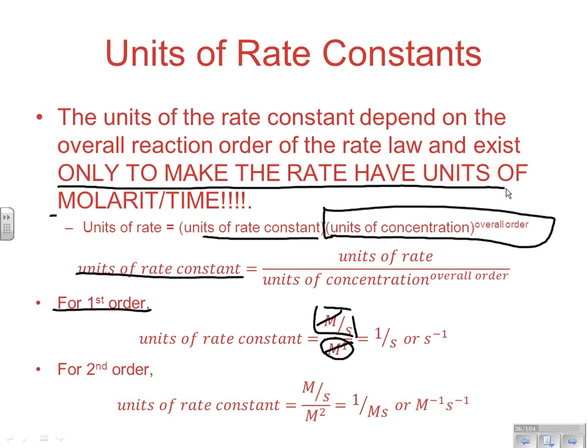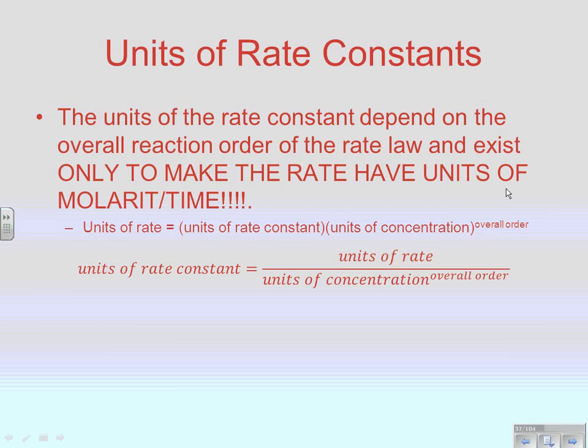Now, if it's second order, it's going to be the units of rate, which are always molarity per second, now over a concentration squared. So this M cancels one time, and you're left with inverse seconds over molarity. Well, that's 1 over molar seconds, which could be written in either of these two ways. So every time you get a second order, it's going to be 1 over molarity seconds, or 1 over molarity minute, or whatever. But that's what they're all going to look like. Now, what would other orders look like?